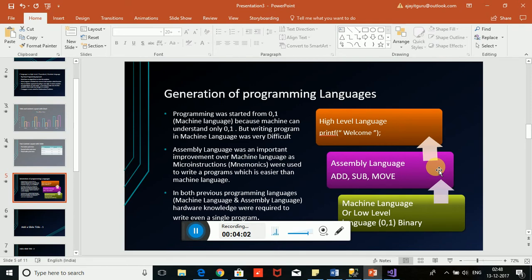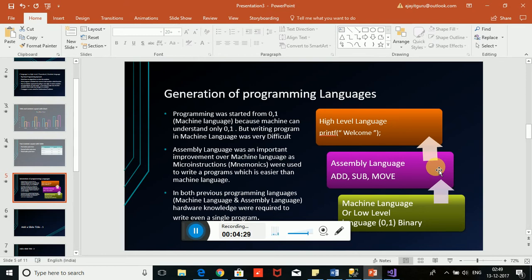The two most popular assemblers, which translate from assembly language to machine language, are known as Turbo Assembler and Micro Assembler. But in both previous programming languages, machine language and assembly language, writing a program was never easy.